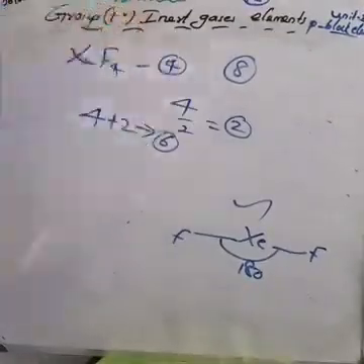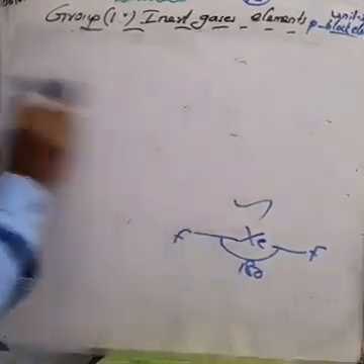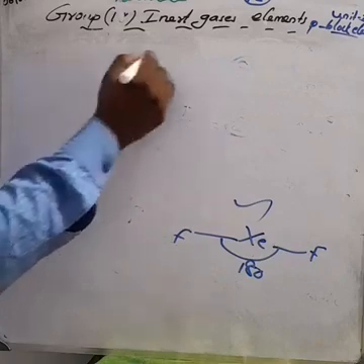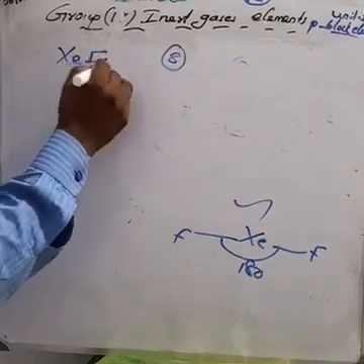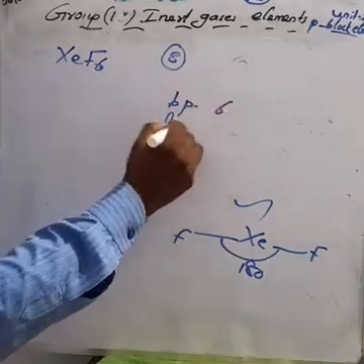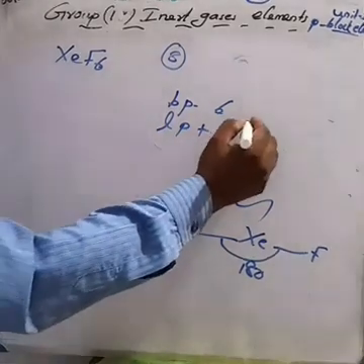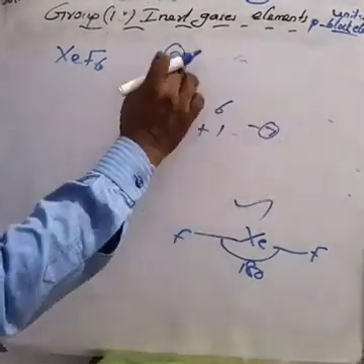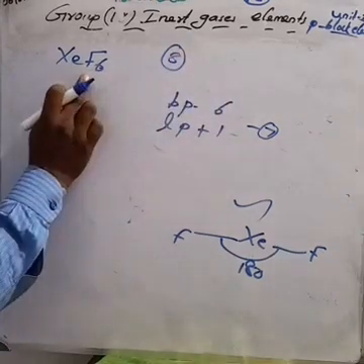Next, XeF6. The number of atoms attached is 6. Valence electrons are 8, and 6 atoms are attached, so the bond pair is 6. Out of the 8 outermost electrons, 6 are bond pairs, and the remaining 1 pair is a lone pair.